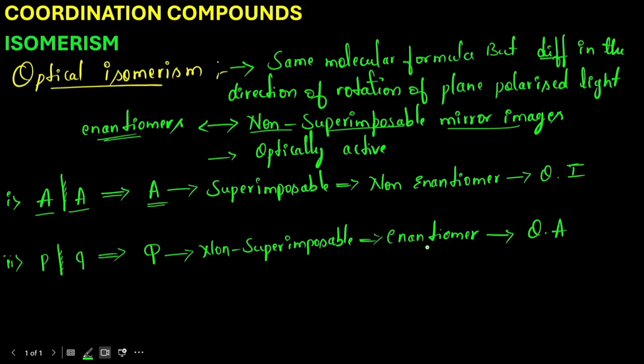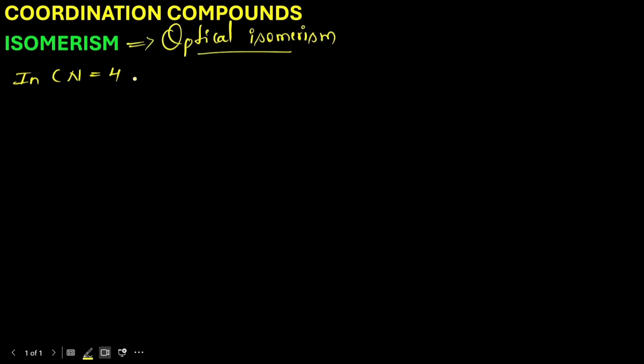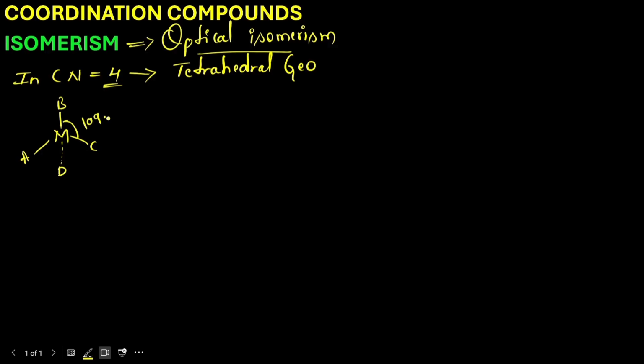Based on this information, we will see the optical isomerism in tetrahedral geometry, square planar geometry, and octahedral geometry. In coordination number 4, first we will consider tetrahedral geometry. If you write the structure of a tetrahedral molecule, here the central metal atom, here ligands are attached: B, A, D, and C. In this case, the angle between the ligands will be 109.5 degree.